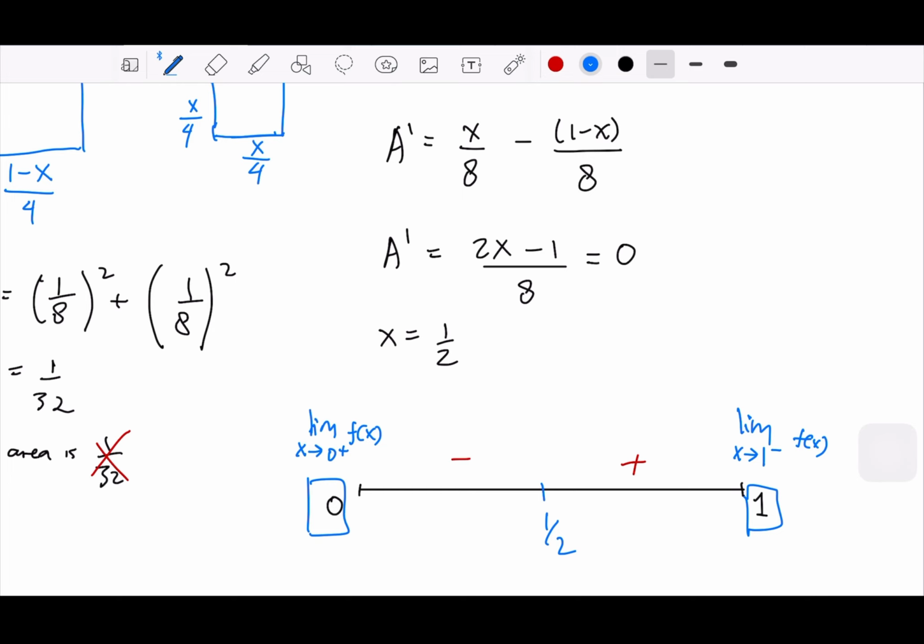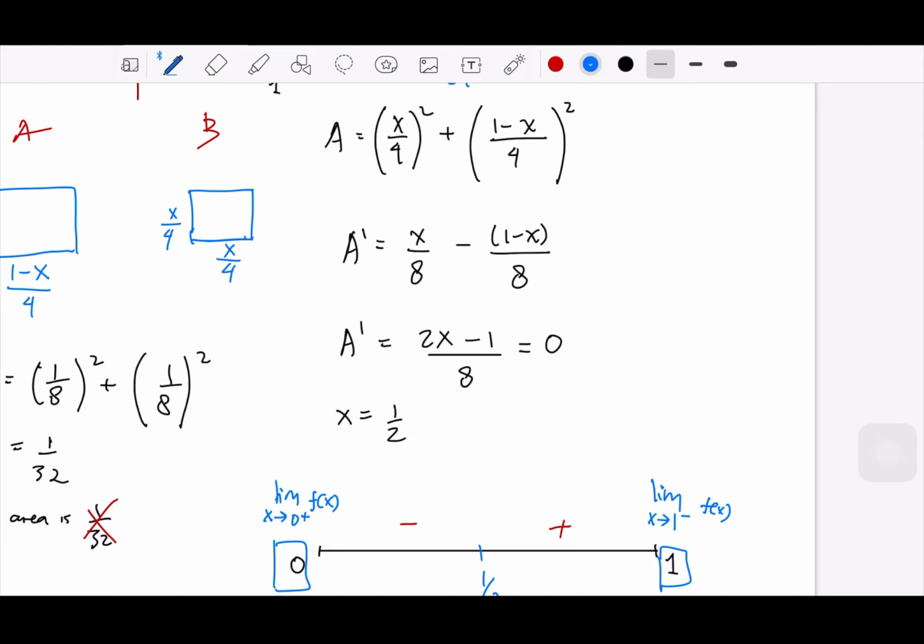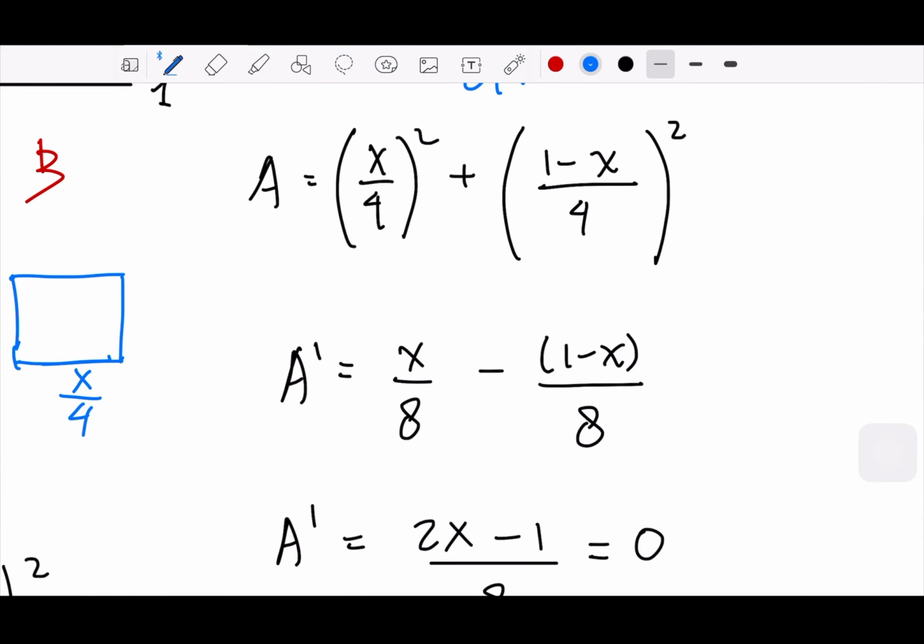As x approaches 0, which one is our function? Our function is this, so we just substitute 0. We'll get 1 over 16. If we approach 1, we will also get 1 over 16. And there are no other options, right? So the only way we can approach is through limit, and it's 1 over 16.